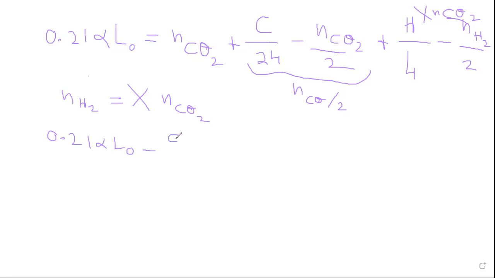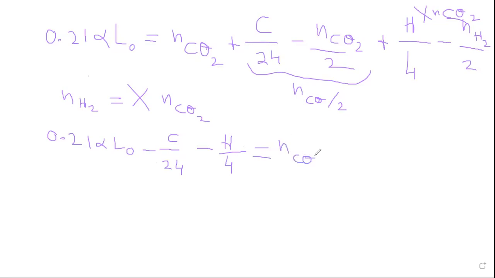So minus C over 24 minus H over 4 equals, now I will take NCO2 in factor.